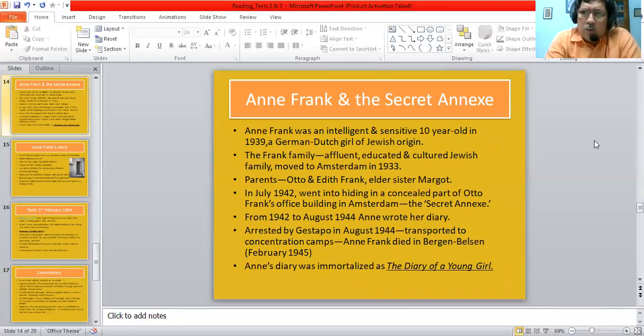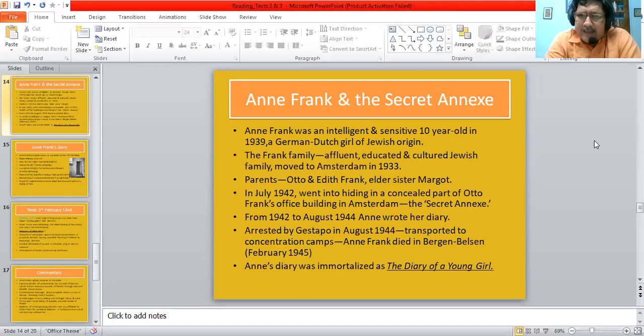Now, who was Anne Frank? Now, Anne Frank, of course, was of Jewish faith, and her history is tied up in the history of the Holocaust. She was, to begin with, an intelligent and sensitive 10-year-old child in 1939. She was a German-Dutch girl of Jewish origin.